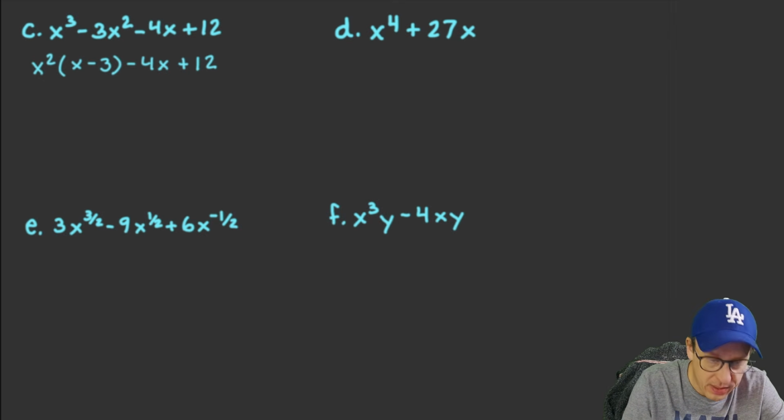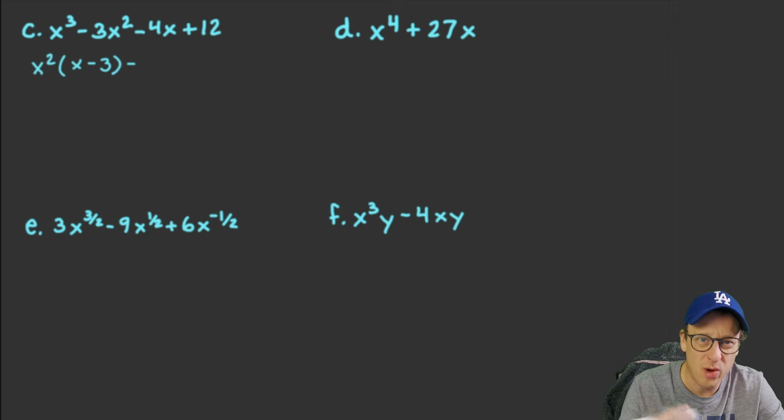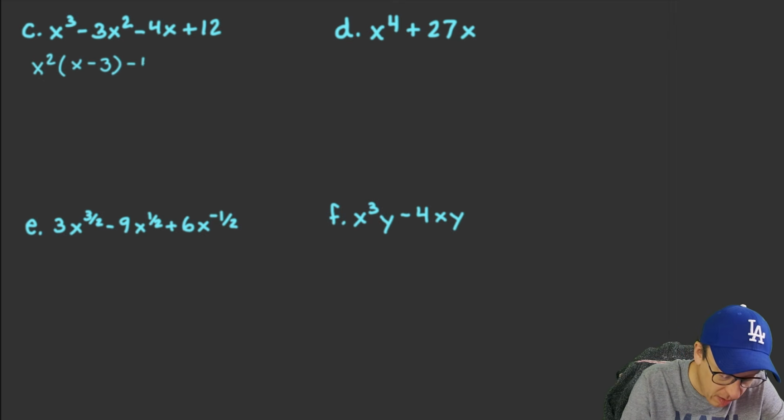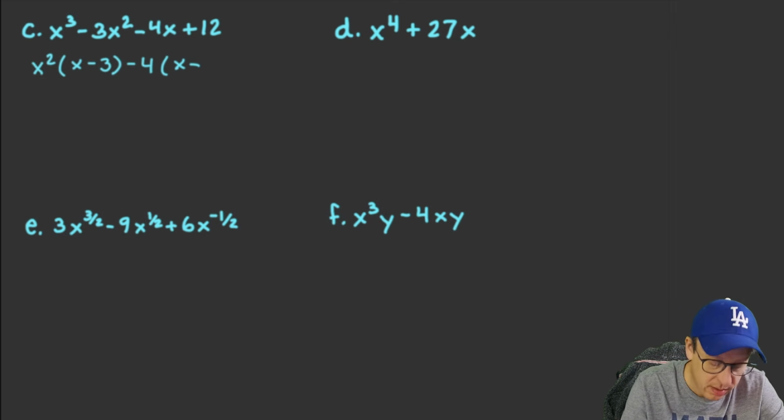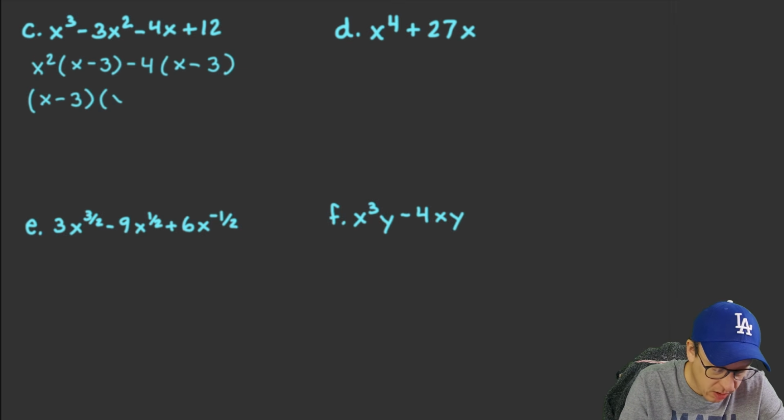Why don't I just factor them both out at exactly the same time? Kind of saves some time. I just did it that way so that it would be a little bit less confusing. So this is negative 4 times (x minus 3) in this circumstance. And again, we'll just factor out our common terms, which is going to be x minus 3 and x squared minus 4.